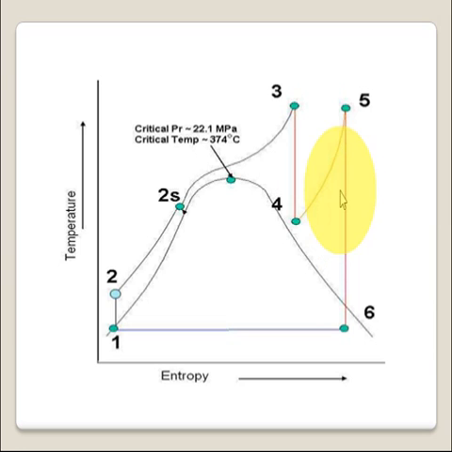Now, under this curve, the mixture exists, meaning liquid is converted into vapor, and to convert liquid into vapor, we require latent heat to be supplied. But consider this process 2 to 3.